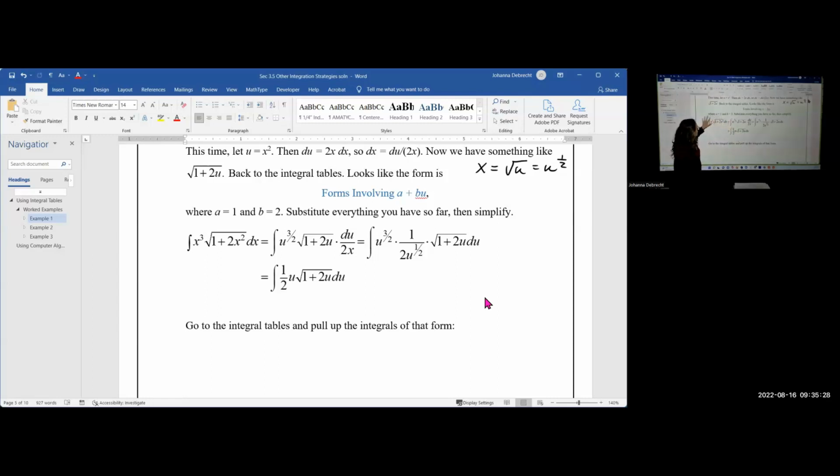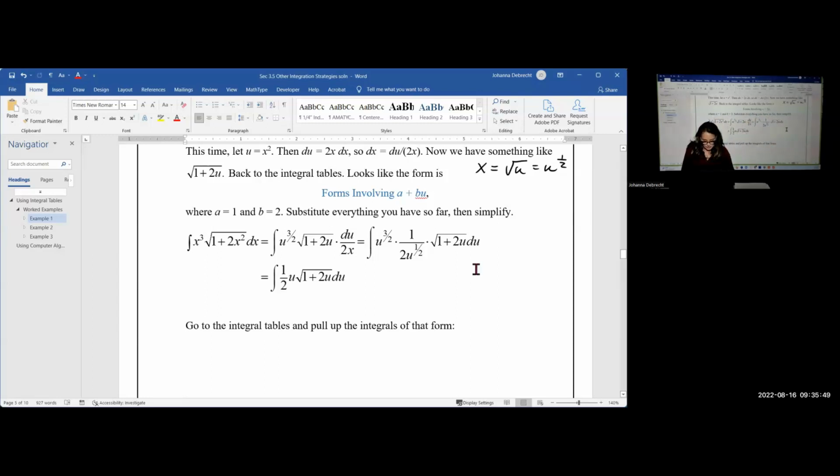So I've written the original integral in terms of x, in terms of a and u. And I've come over here to what I've got now. So what I want to do now is pull up all the integrals under the form of a plus bu and see if one of them looks like this pattern right here.